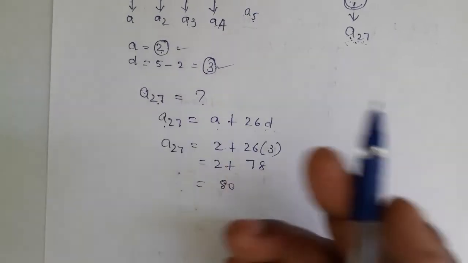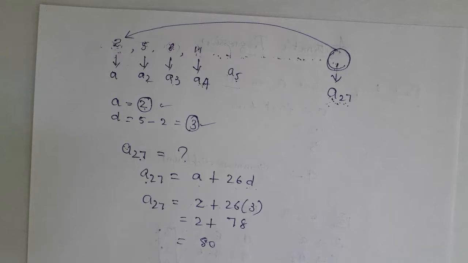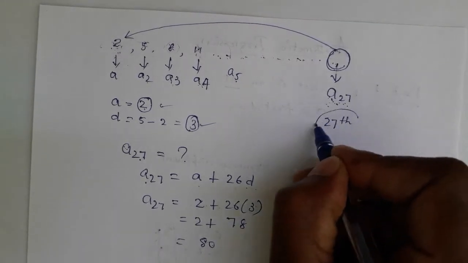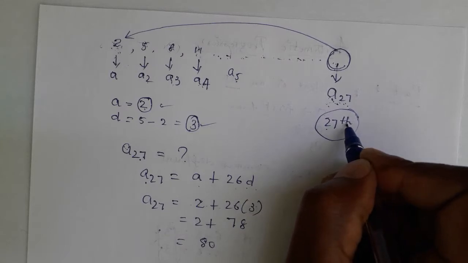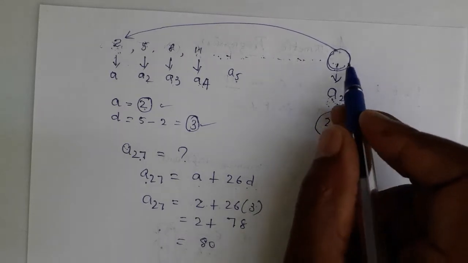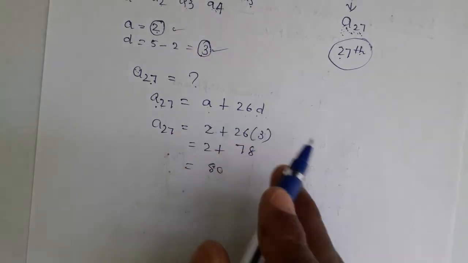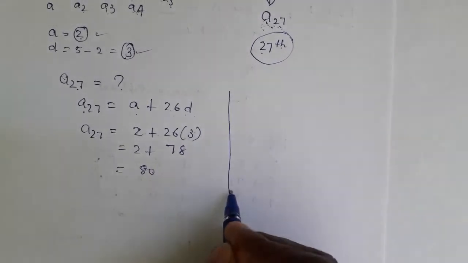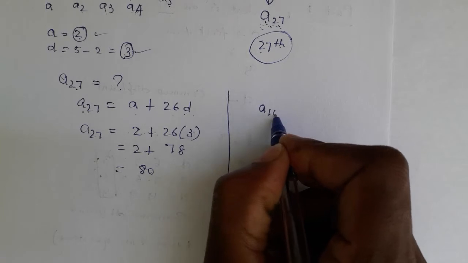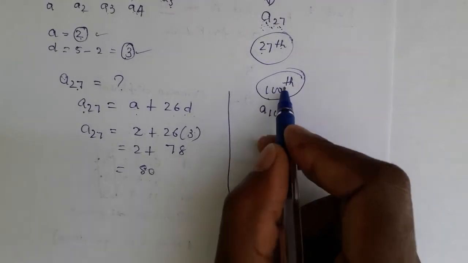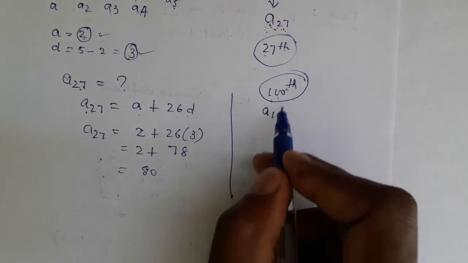So nth means 7th, 8th, like that. This is the 27th. 27th position is A27. That value was unknown, and it is found by A27 is equal to A plus 26D. So let us practice in the same way. Suppose 100th place, who will be there in the 100th place?